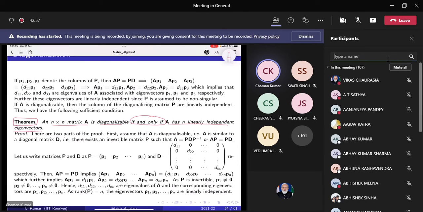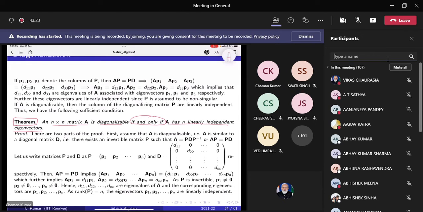One part is if A is diagonalizable, then we have to show that A has n linearly independent eigenvectors. The second part is that if A has n linearly independent eigenvectors, then A is diagonalizable. Okay, so basically this is an if and only if condition.